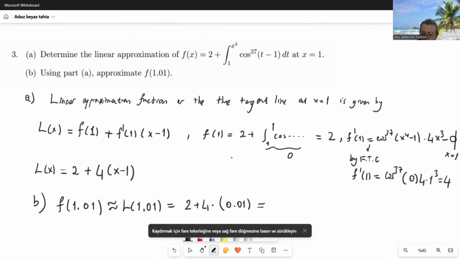So it's just 2.04. So this is your approximation. So let's do the next question.